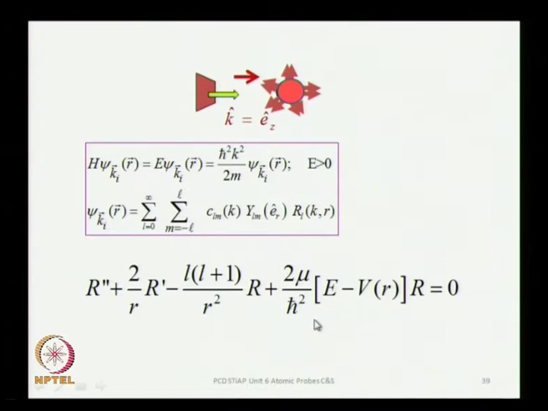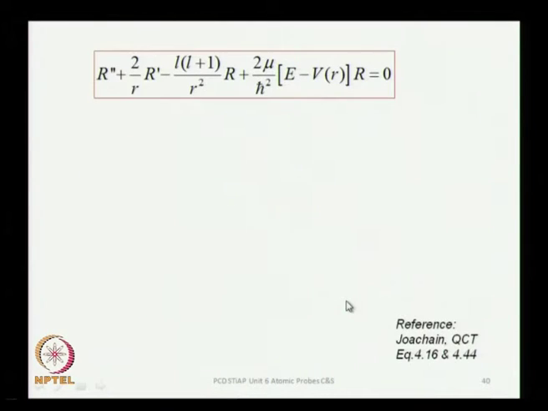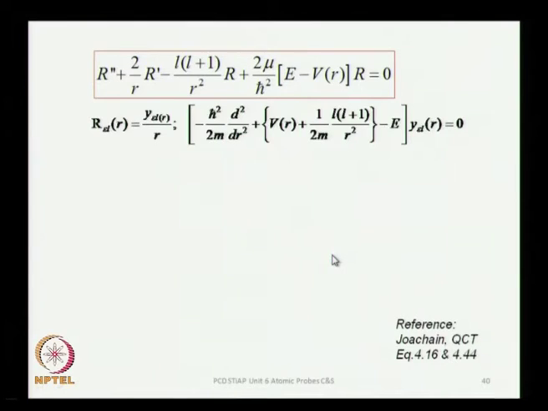This is the one that we have been discussing. So the radial part is a solution to this radial Schrodinger equation. You can write this differential equation for y instead of r, in which you define this radial function as y over r, that gives you a differential equation for y.